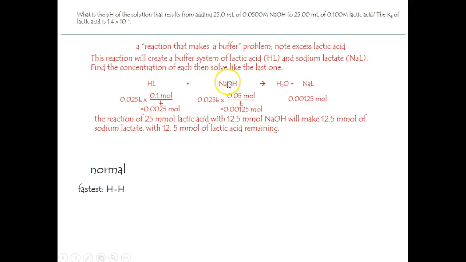Note that if they had used excess sodium hydroxide, you wouldn't even have a buffer system, because you'd have some strong base that dissociates completely and would dominate the situation. But we don't, so they've made a buffer system.